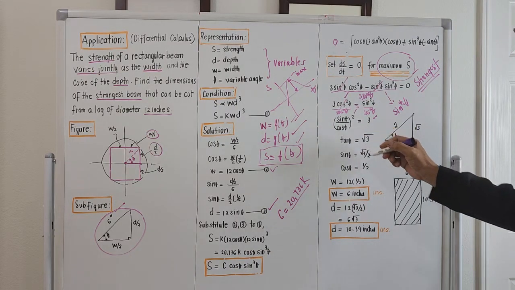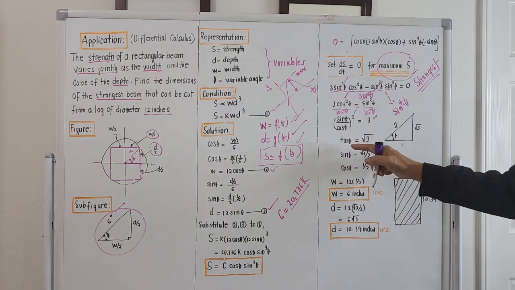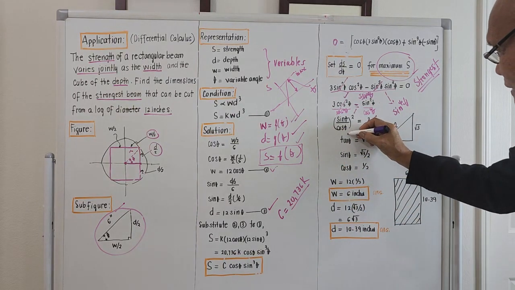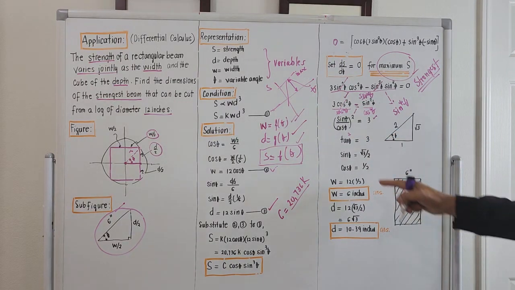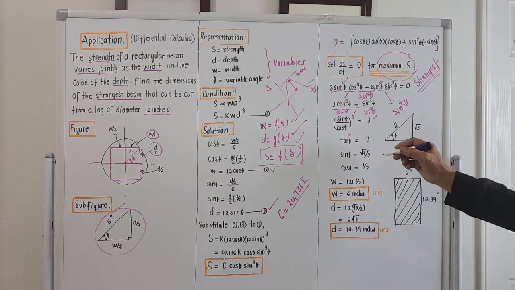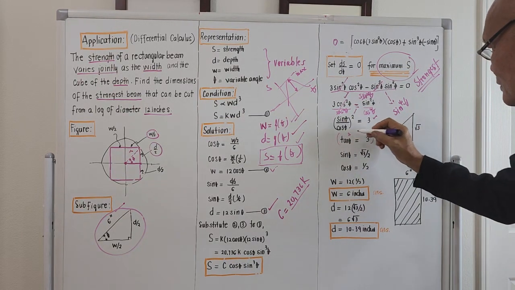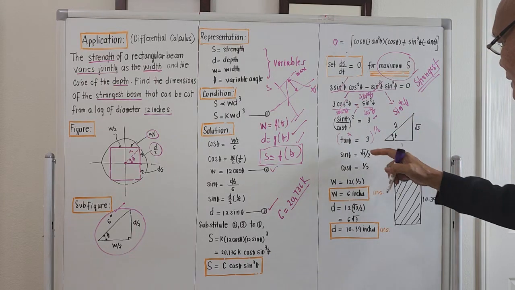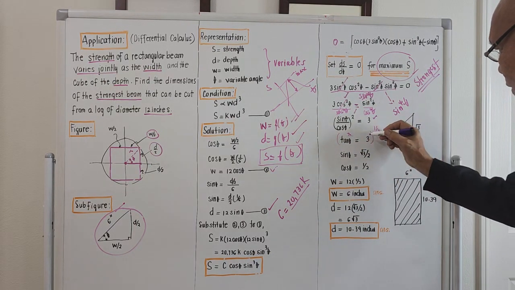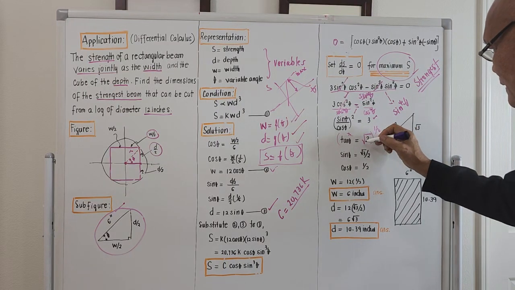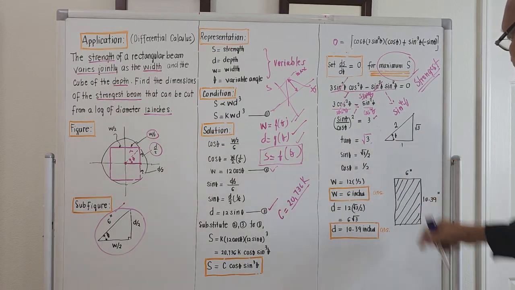But sine of theta over cosine of theta is tangent of theta, so this is tangent square of theta, and this is 3. To compute the value of tangent of theta, we raise both sides of the equation to the 1/2. So tangent of theta will be 3 to the 1/2, the square root of 3.